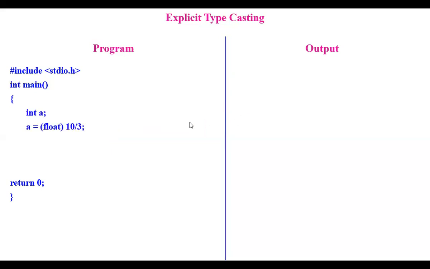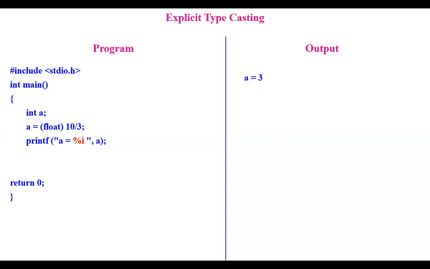Suppose I have taken A as integer and 10 by 3 as float, because we got the correct value when doing the division between two floats, right? So A is equal to 10 by 3 float, and A is declared as integer. You know what happens. What will be the result? Can you guess?